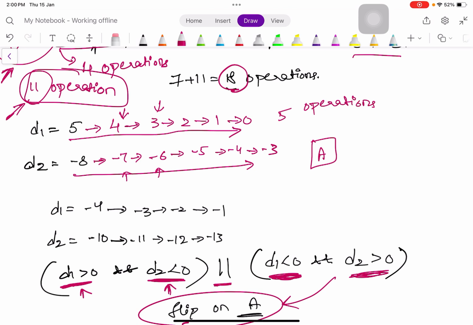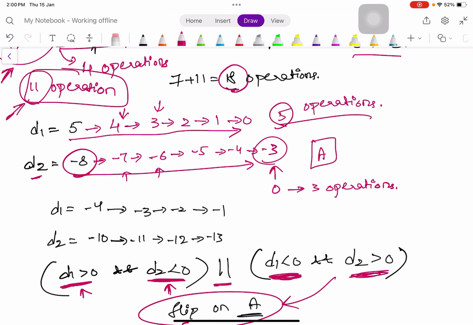And after 5 operations, our D2 value changed from minus 8 to minus 3. This minus 3 will become 0 in 3 operations. Alright. So 5 plus 3, total 8 operations is enough to actually make sure that string B is equal to string C.